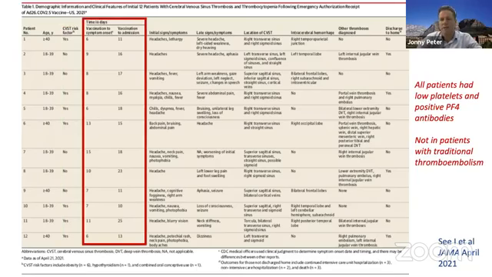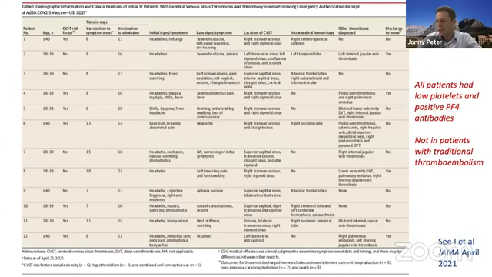The other thing, of course, is the temporal association to vaccination. It seemed to all be within 1 to 3 weeks after vaccine administration, when they presented with symptoms and then required hospitalization. Because the clots were located in the brain, they presented with headaches, back pain, and associated systemic symptoms.